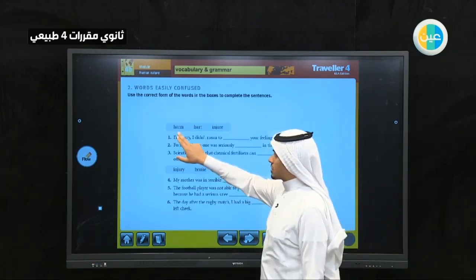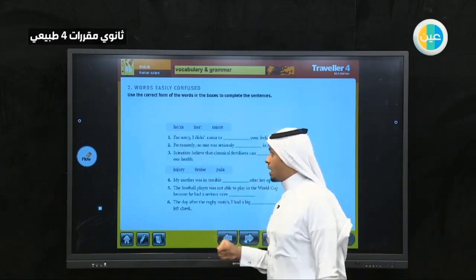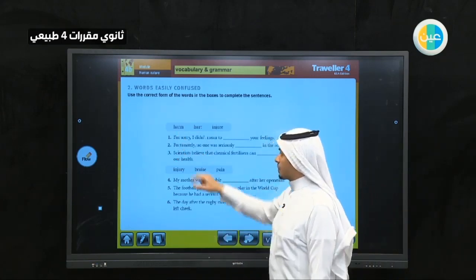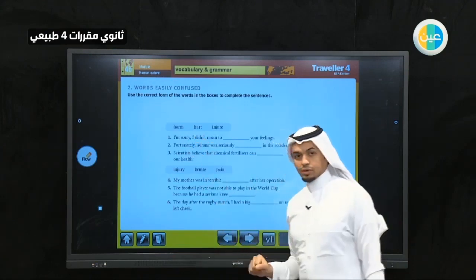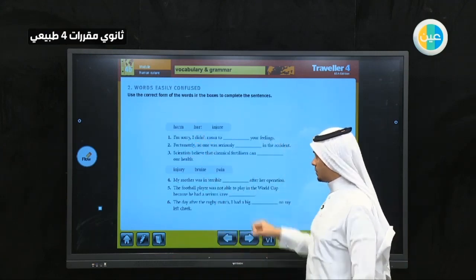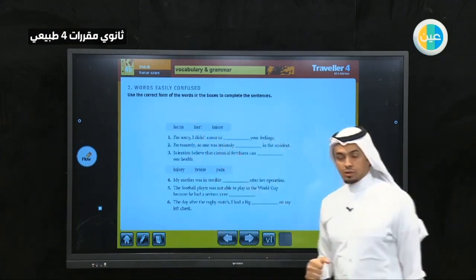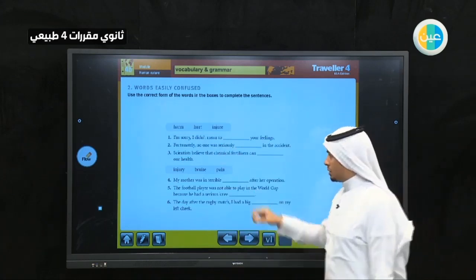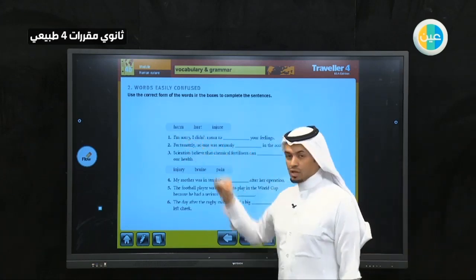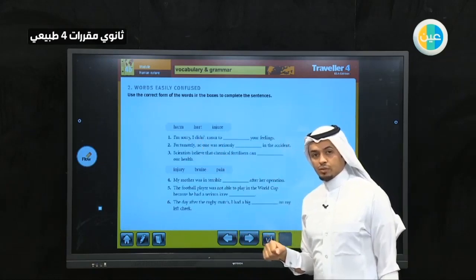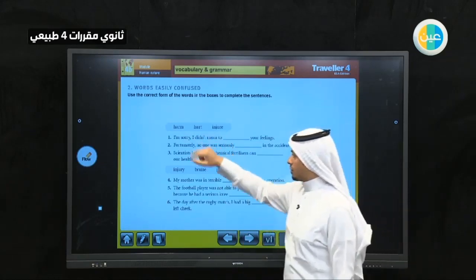The first words are harm, hurt, injure. All of these three words are verbs.